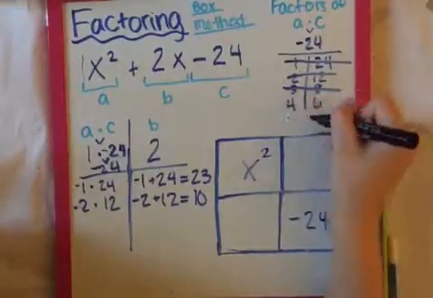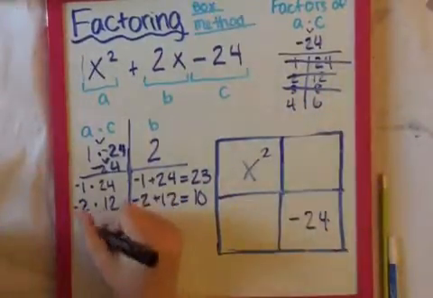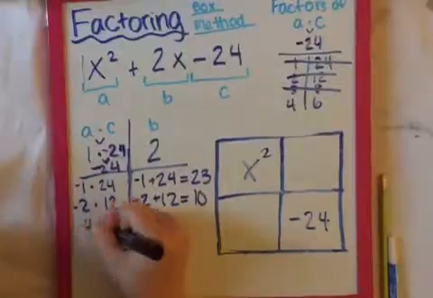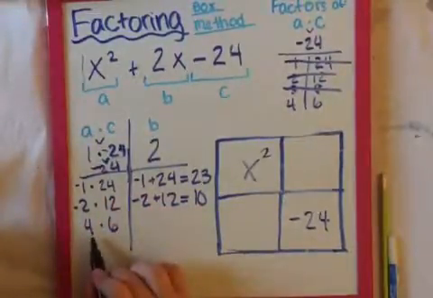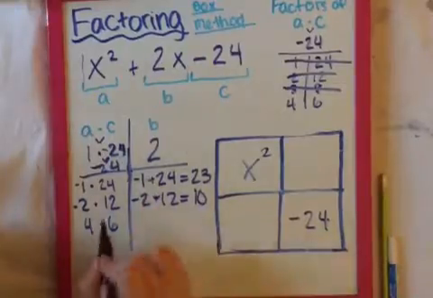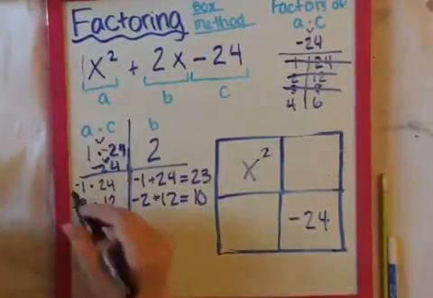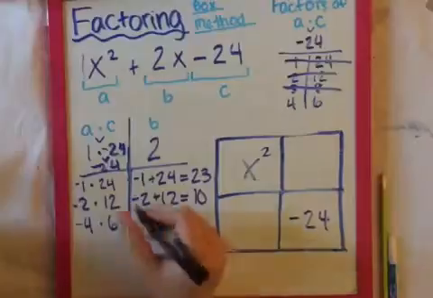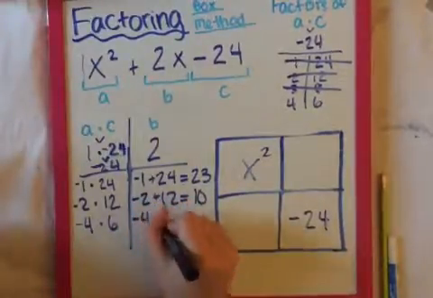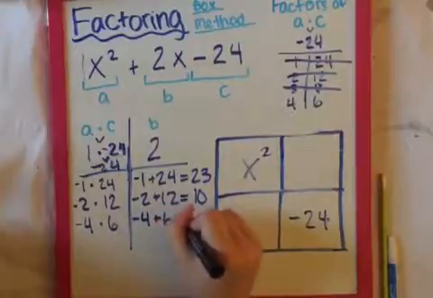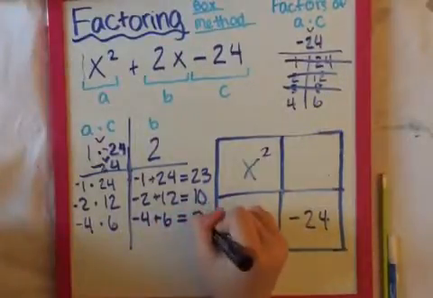And we get to our last one, which is 4 times 6. So if we have 4 times 6 here, what can we do to have 4 plus 6 equal 2? So we can make this 4 a negative number. And so what we would have here is negative 4 plus 6, which does give us 2.